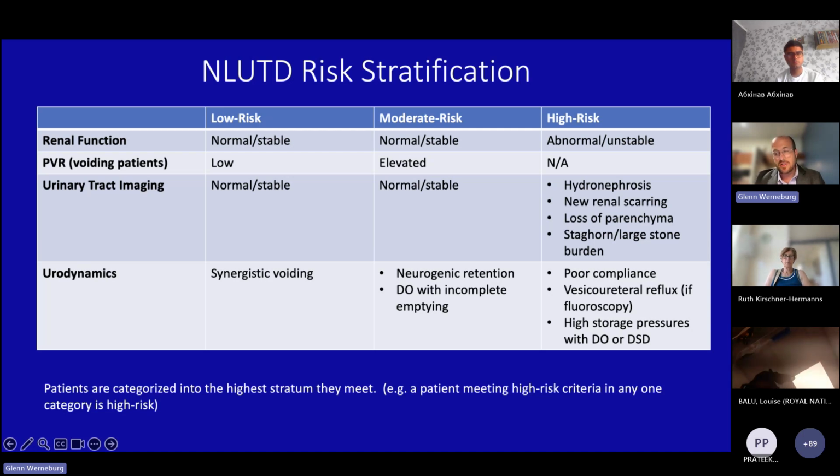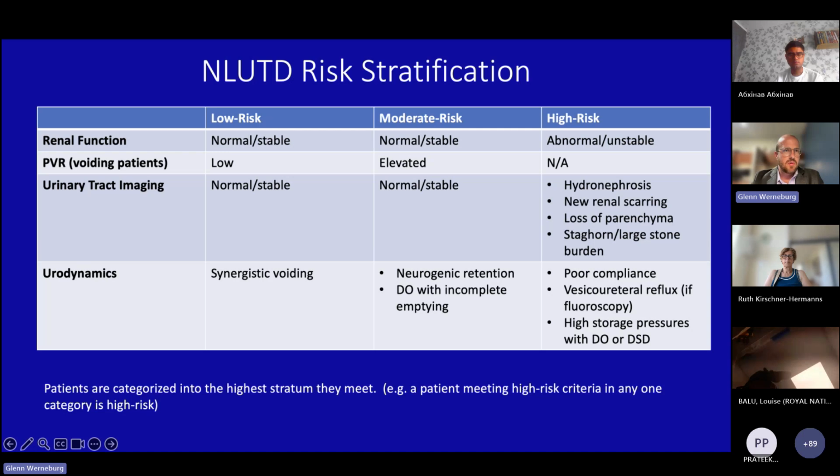Unless you want an ultrasound because you want a nice baseline measurement against which you can compare as you surveil the patient down the line. So that'd be on a case-by-case basis. Urodynamics is the other assessment. So renal function, PVR, urinary tract imaging, and urodynamics.